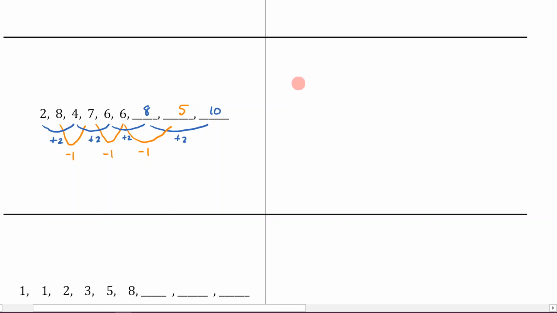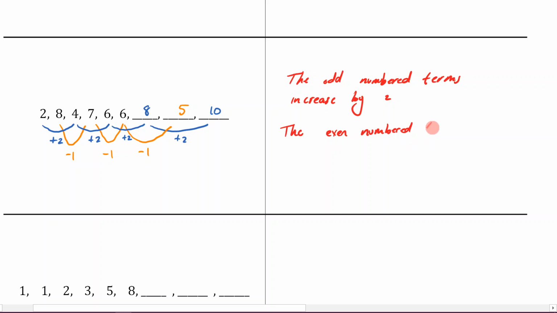So what you would say here to describe it, I don't think you need to describe them in the textbook, but I still want to do it. What you would say is that the odd numbered terms increase by 2, and the even numbered terms decrease by 1.